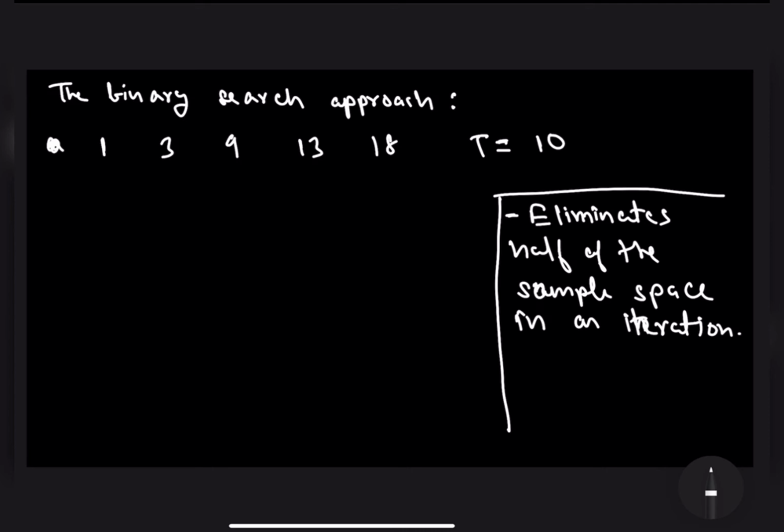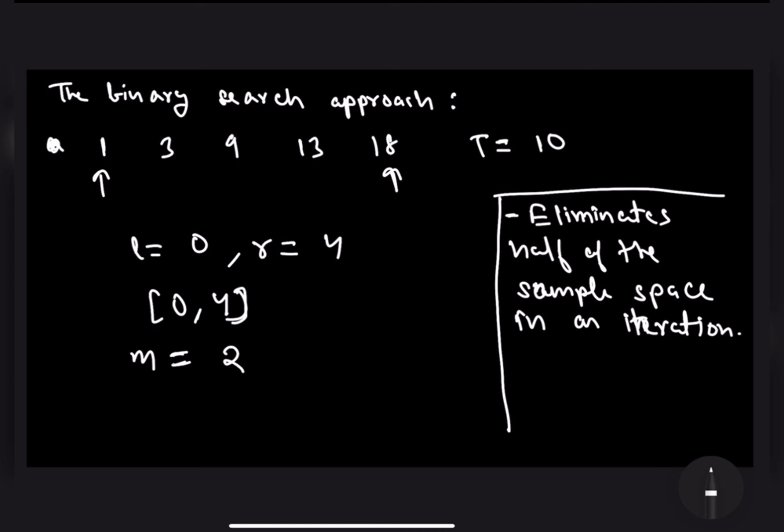Just like the last time, I will set up my search space. Initially my search space will be L equals 0 and my R value will be 4. So all the values of i from L to R, that is from 0 to 4, will fall in my search space. Then, just like the last time, I will find the value of the mid element, that is (L + R) / 2, that is 2 in this case. So for this iteration my mid will be pointing to index number 2, that is 9.